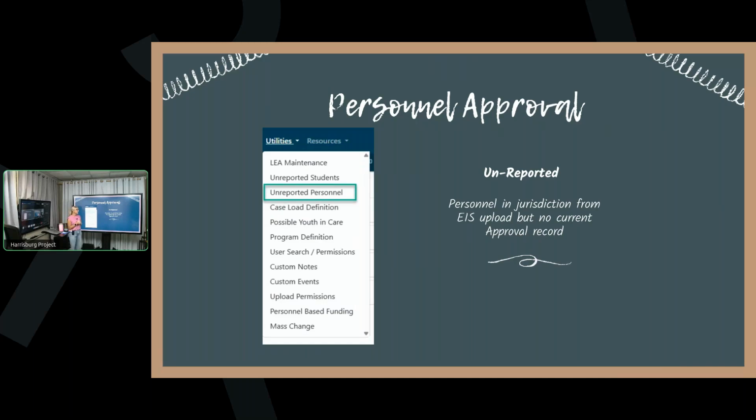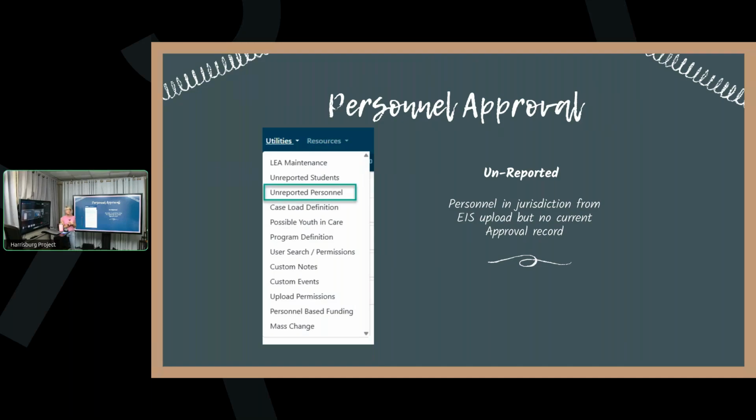And in that file, they will put position codes for what the role is for that employee. So if it appears that it is a special ed position code, they're going to show up on this list if you don't have them entered in iStar already. So this could be a helpful tool to show you if anyone in your district is missing from iStar Plus. So that's the first place you can start if you're unsure if you are missing any employees or not.